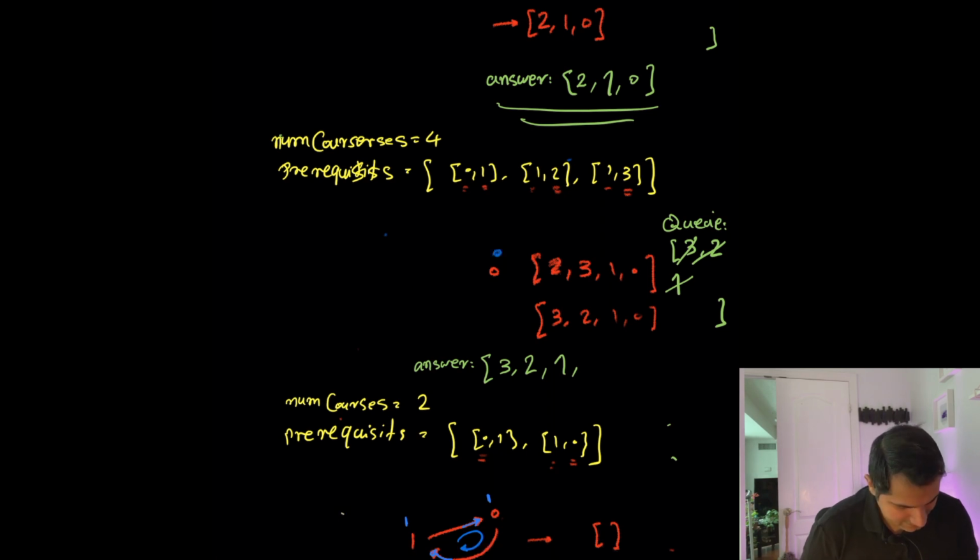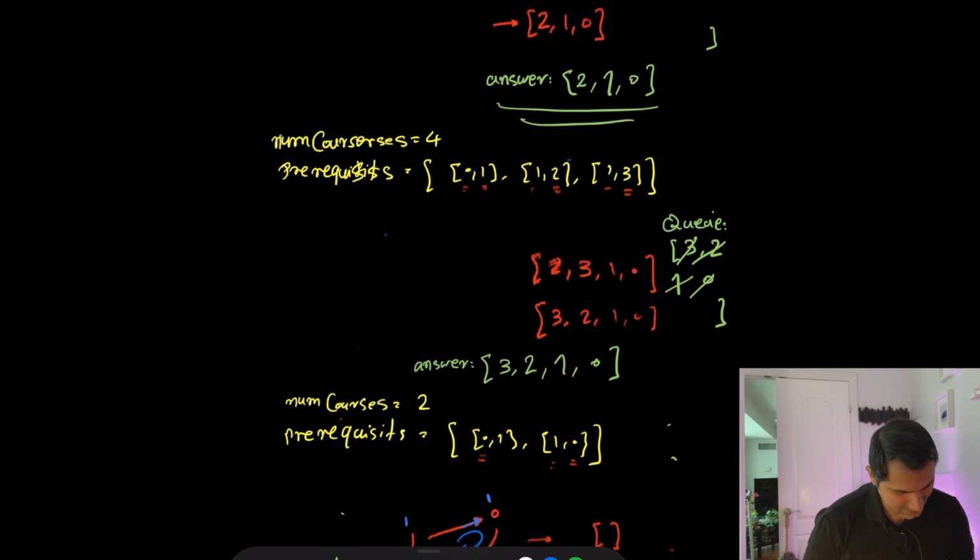Because 0 has in degree 0, I add it to my queue, then I remove it, add it to my answer, and remove it from my graph. And here's the answer. Obviously, at the beginning, when I had 2 elements in my queue, I could actually pick any of those and still have a valid answer.